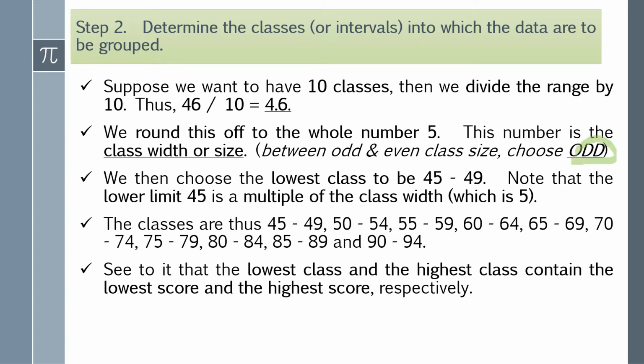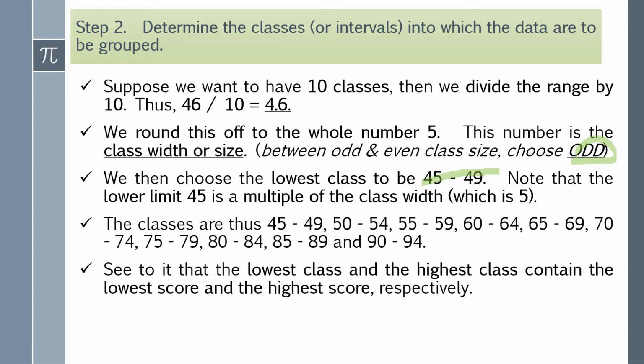Okay? So, we then choose the lowest class to be 45 hanggang 49. So, yung 45 hanggang 49 na lowest class will contain the values of 46, 47, 48, and 49. Note that the lower limit, 45, is a multiple of the class width of 5.